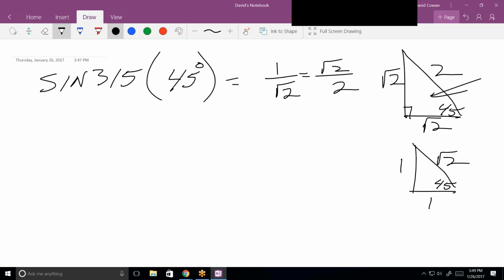You would say 2 over root 2, right? Which has the irrational denominator. So it's fine. Either one of these triangles is correct. Remember, trig is all about ratios. It's not about absolute sides of the triangle. It's about the ratios of the triangle. So that's fine. That's a correct answer.